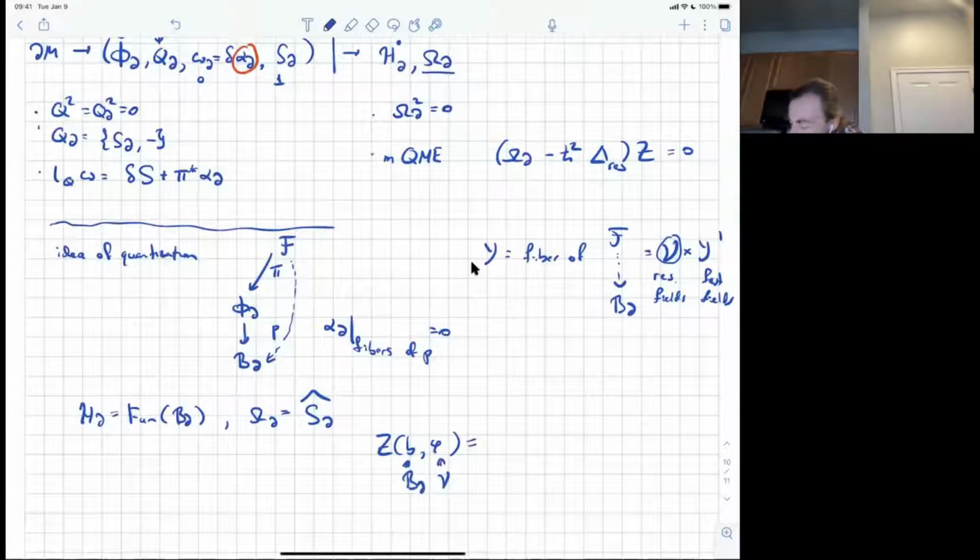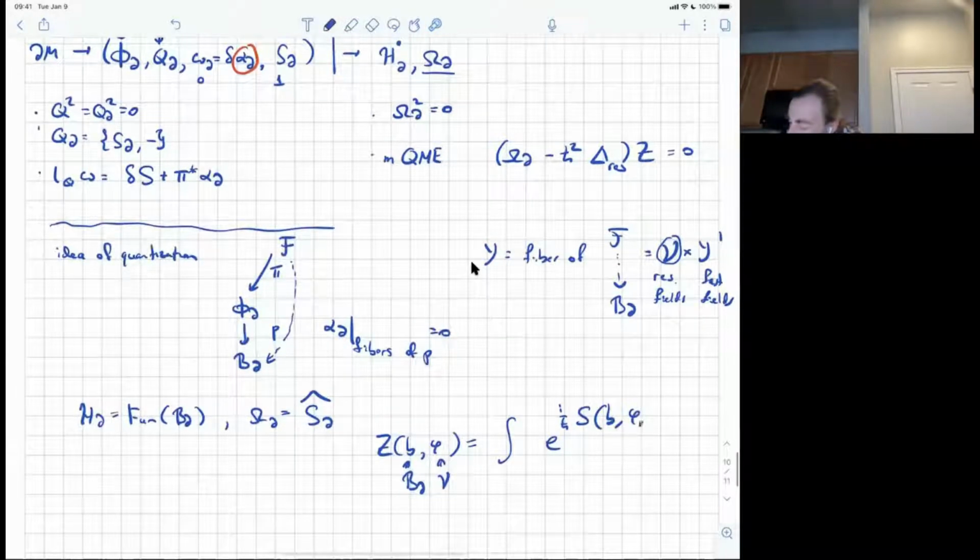And what it is the following. You take the exponential of the action evaluated on, well, you have fixed a point here in the base. So now you're in the fiber over that point. In that fiber, this fiber is split in this way. So you're fixing a residual field, and you're integrating over an element in Y prime.